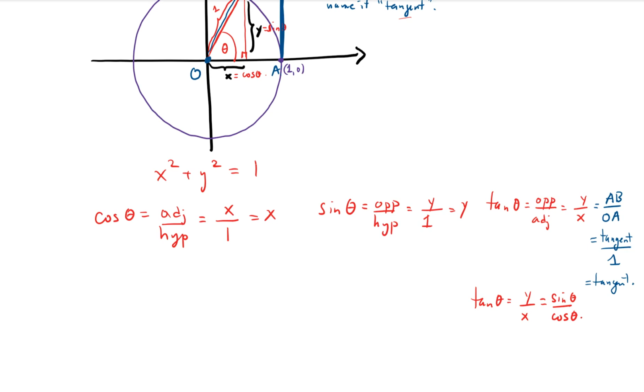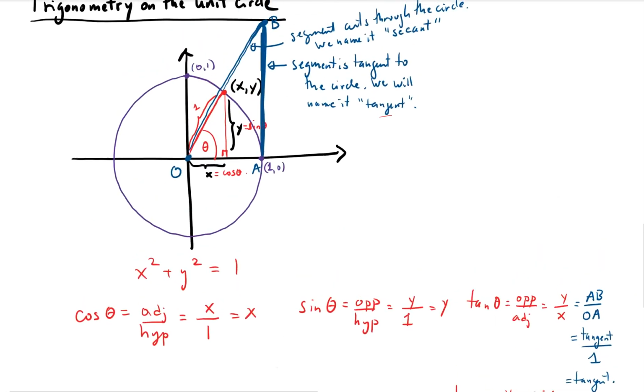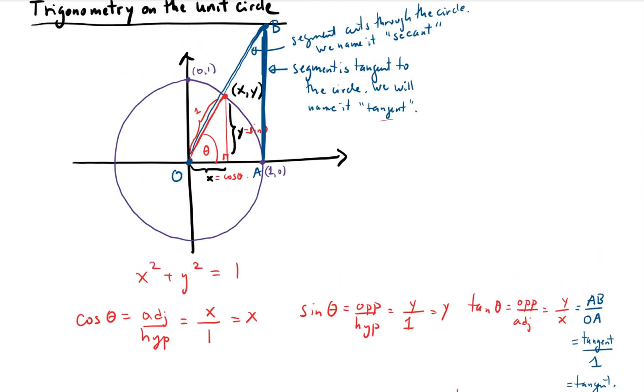Now finally, one last thing is secant. I've just mentioned that it would be the hypotenuse of the blue triangle. It's the line that cuts through the circle. But let's also compare the red triangle and the blue triangle to establish a relationship between secant and sine and cosine, just like we did for tangent.